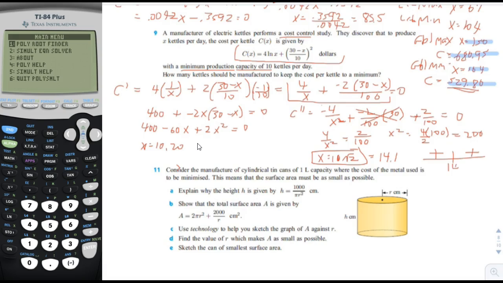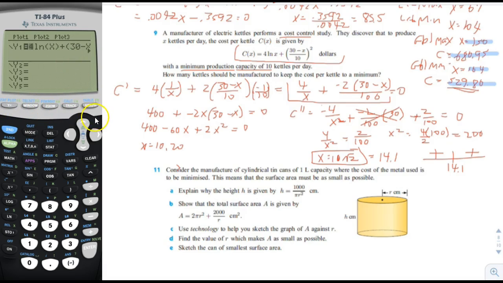Okay, so it's concave up in both cases. So that means both 10 and 20 are going to be like minimums. So we better graph this to see what it looks like. Should have just graphed it from the beginning, right?